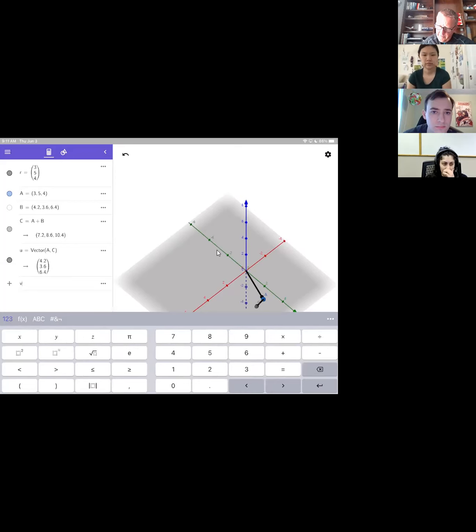So if I say vector V is, and again, we got 176 for X, but I'm going to type 17.6. And we got negative 24, but I'm of course going to type negative 2.4. And we got negative 102, but I'm going to type negative 10.2. Bam.